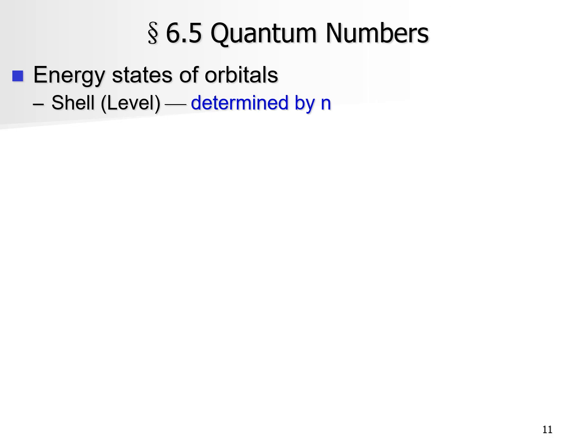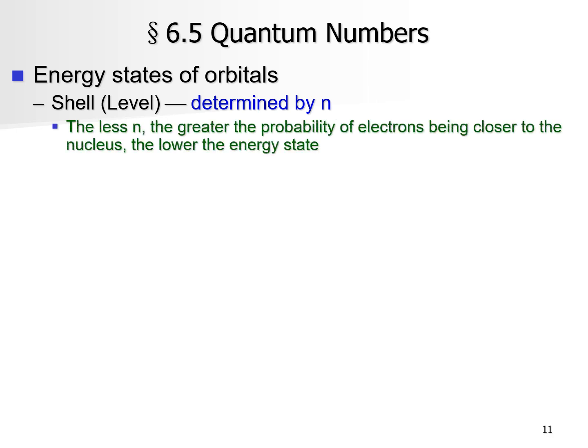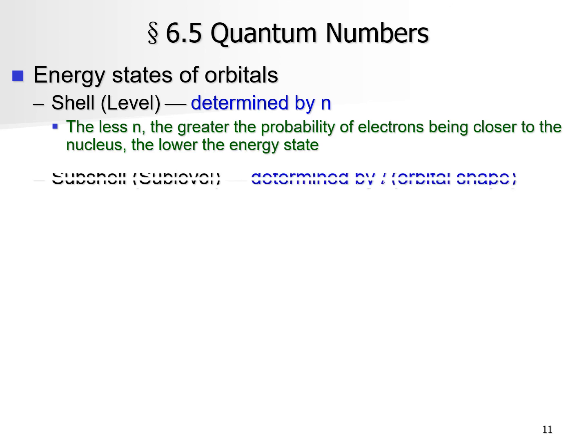First, it's the principal shell, what we call the shell or level, that is determined by N. And we understand that the less the N, the greater the probability where electrons can be found, that is also closer to the nucleus, the lower its energy state. And we also have a subshell, or what we call sublevel, which is determined by the L.